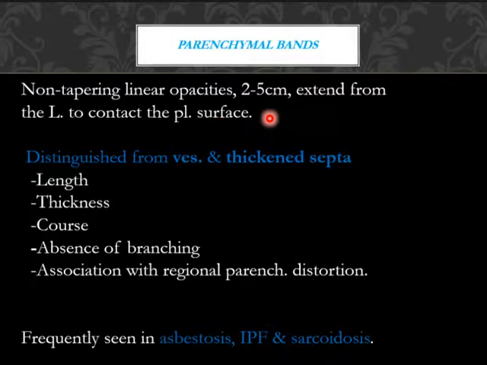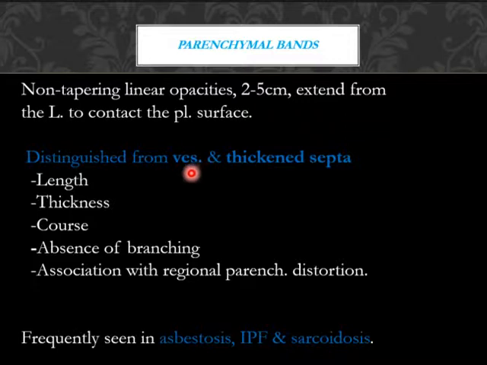Another sign in thin section CT in diffuse lung disease is parenchymal bands. The parenchymal bands are non-tapering linear opacities. They are long, about 2 to 5 cm, extending from the lung to contact the pleural surface.